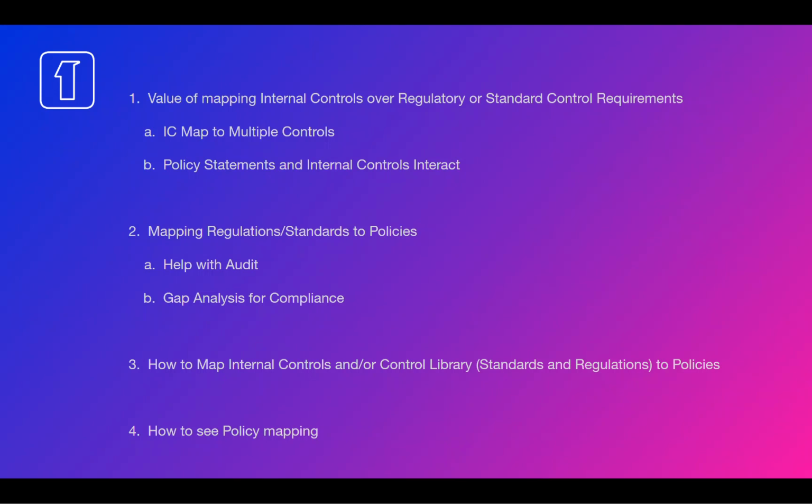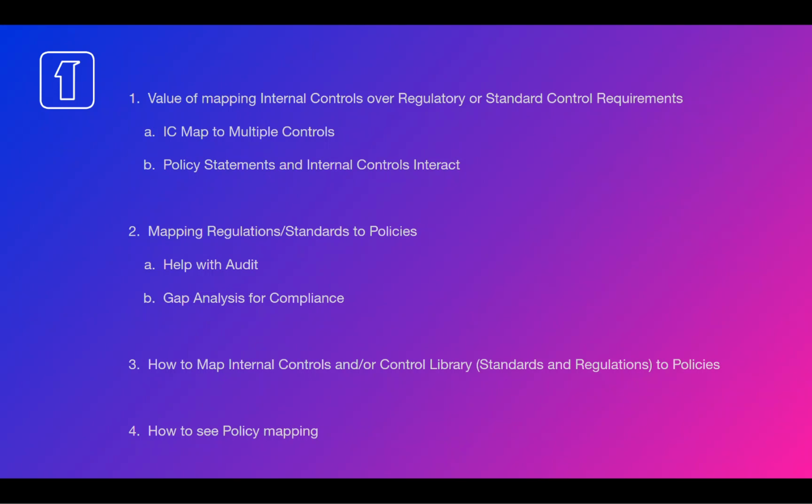So you can see how your policies interact with multiple regulations and standards. If you're doing compliance against multiple regulations, having that consolidated internal control connected to your policy is going to help you understand whether your policies are compliant with that single or multiple standards or regulations.